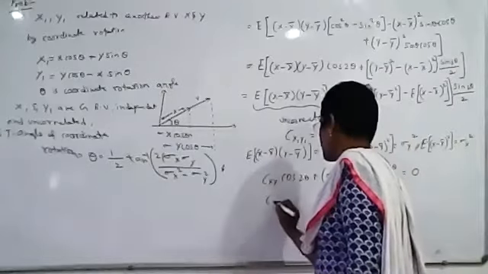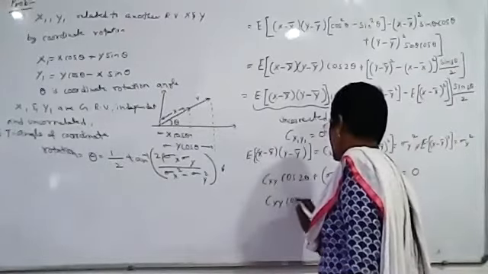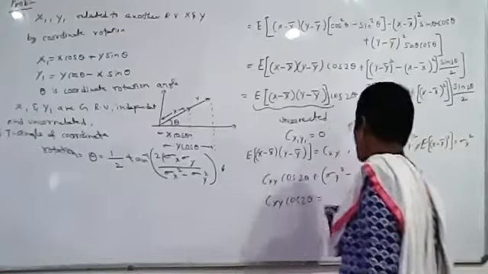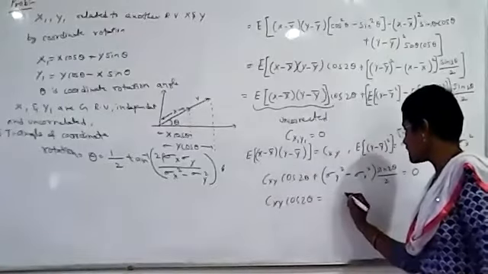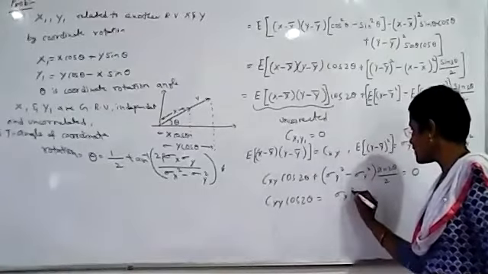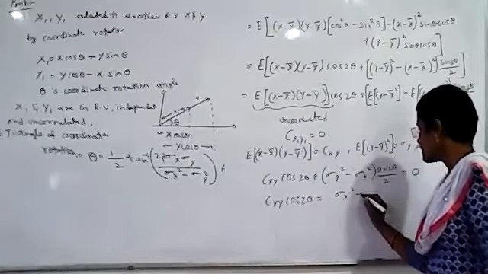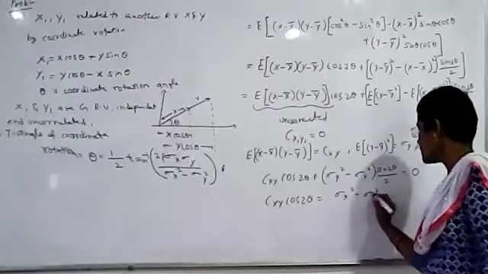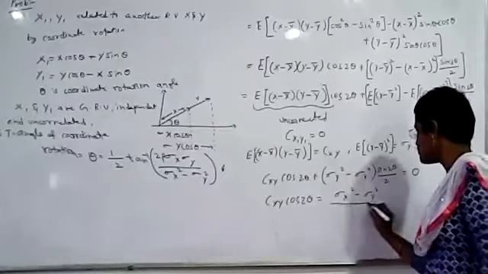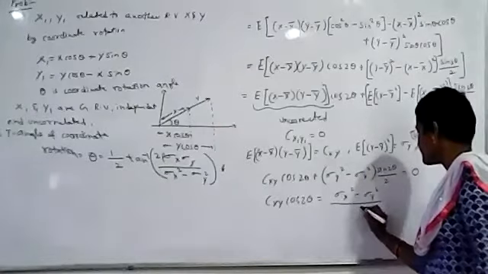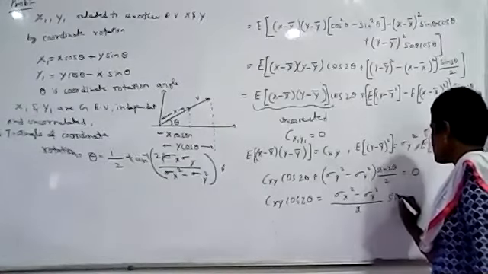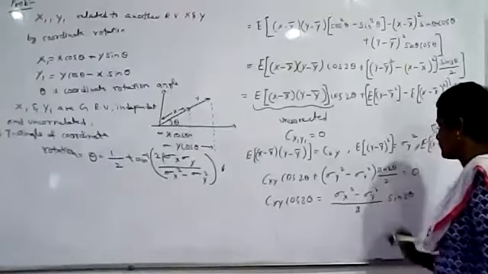From this, we get Cxy cos 2 theta is equal to sigma x square minus sigma y square, because it will become minus that side, divided by 2 sin 2 theta.